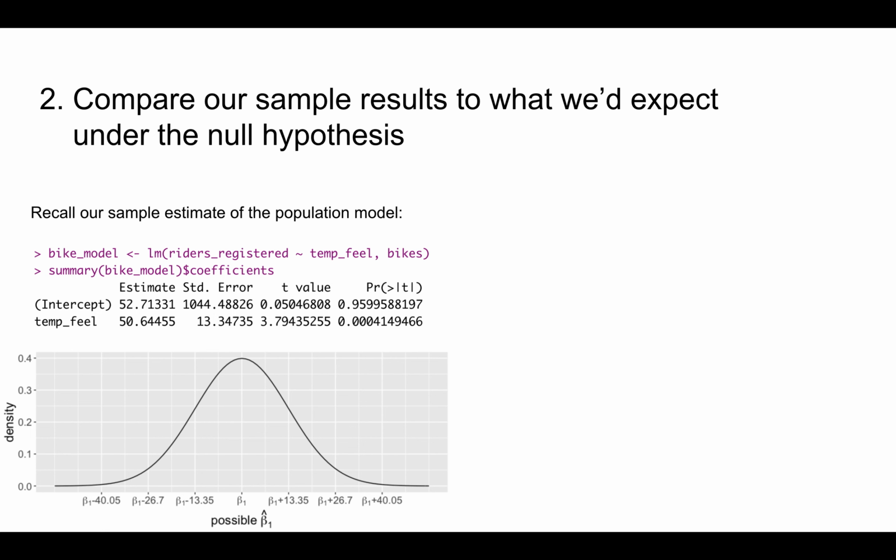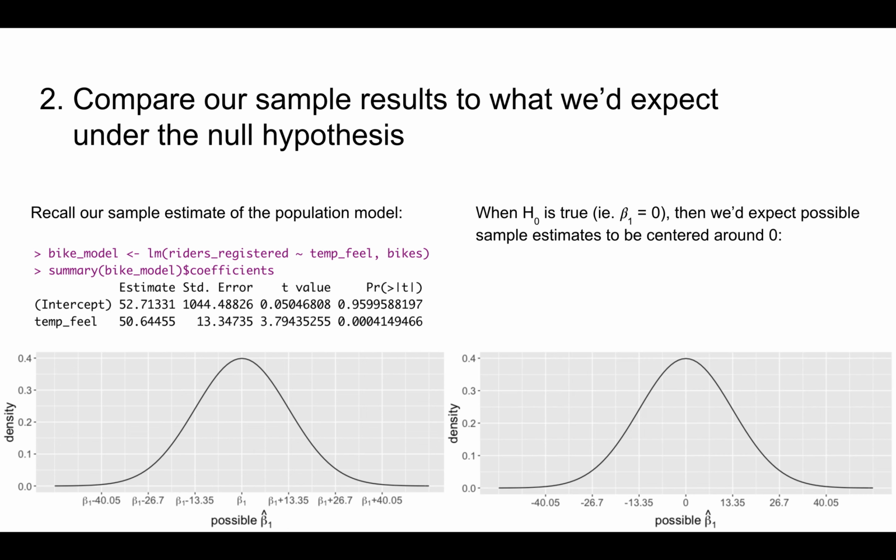And the range of these possible estimates is indicated in terms of being within 1, 2, or 3 standard errors from the actual coefficient of beta 1. Now, if we assume that the null hypothesis is true, that is, that the actual temperature coefficient is 0, this means that we would expect the sampling distribution to be centered around 0.